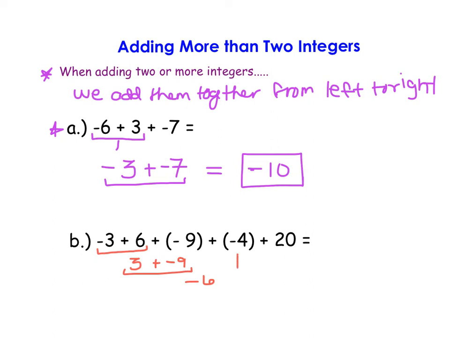Then negative 6 plus negative 4 is negative 10. And then negative 10 plus 20 gives me 10. So when I add one at a time from left to right, I end up with a final result of 10.